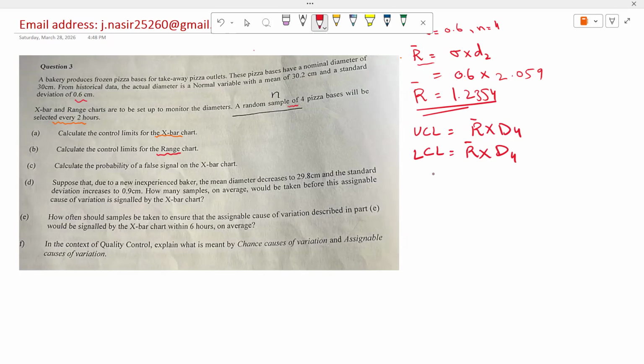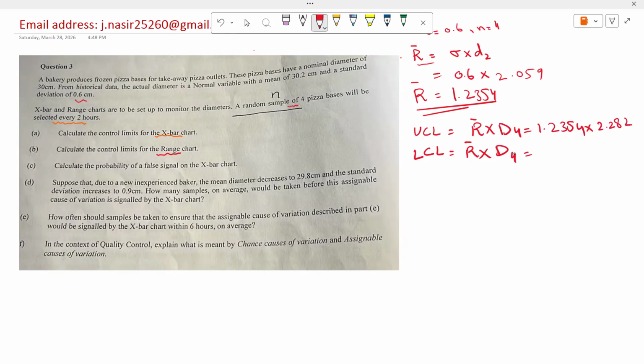You have your R bar, 1.2354. And if your sample size is 4, what would be the value for D4? The D4 would be 2.282.